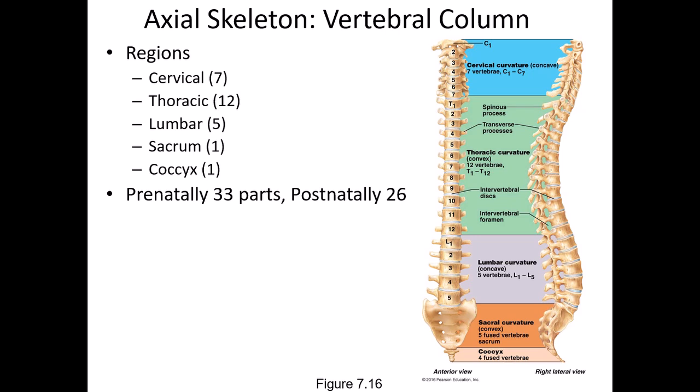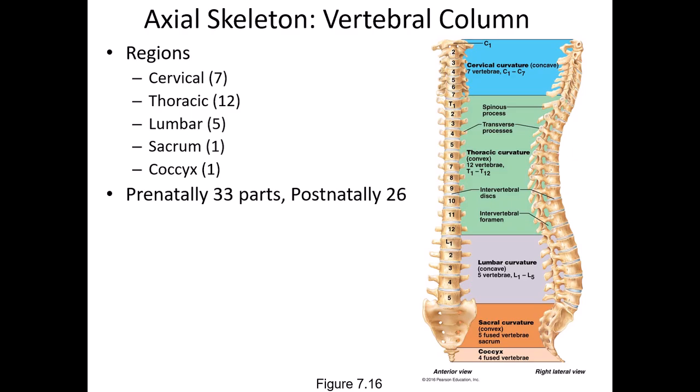And when you look at those 2 bones, and you can kind of see it in the picture here, there are really clear horizontal fusion lines across the large bones that show you where the individual segments were. So you want to be able to explain that 33 versus 26 count prenatally and postnatally. And just be careful that what you write is clearly expressing what you mean.